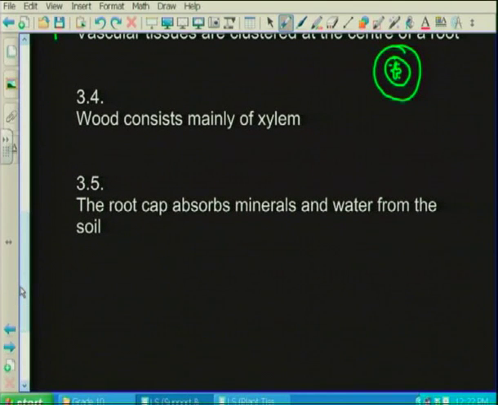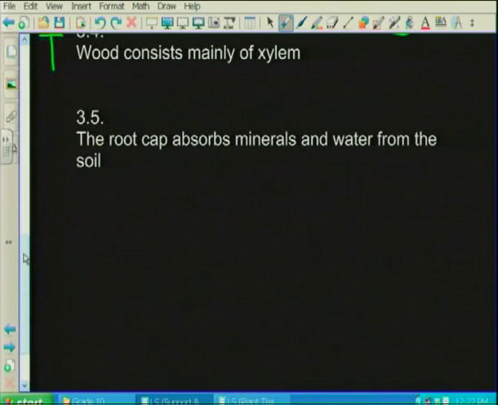Then wood consists mainly of xylem. We just discussed that in the previous question where we said what wood is and the late wood and the early wood, so we know this is true. You don't need to change anything in that question. 3.5, the root cap absorbs minerals and water from the soil. Is this true or false? It is false.